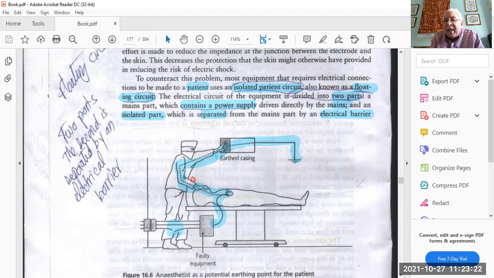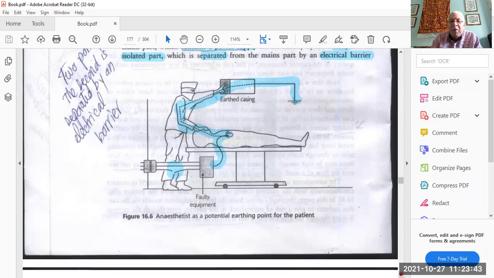Why doesn't the anesthetist complain of anything? Because the current here is only 150 microampere, which will induce ventricular fibrillation in the patient, but the anesthetist will not feel such a change. This is why the anesthetist is not affected while the patient can develop electrocution.